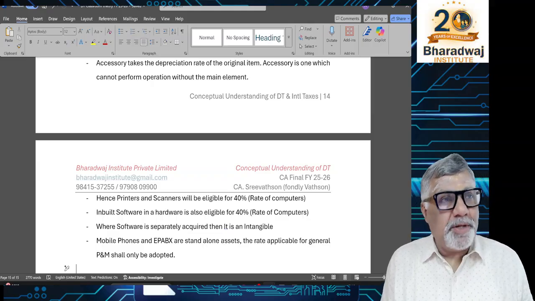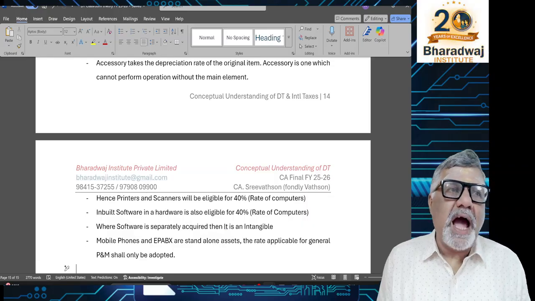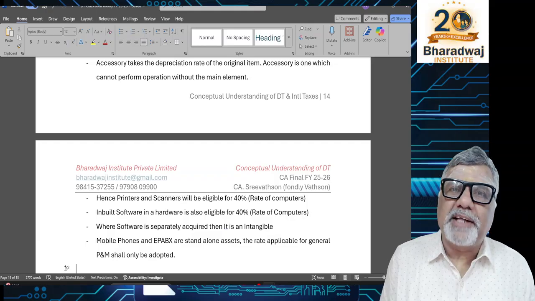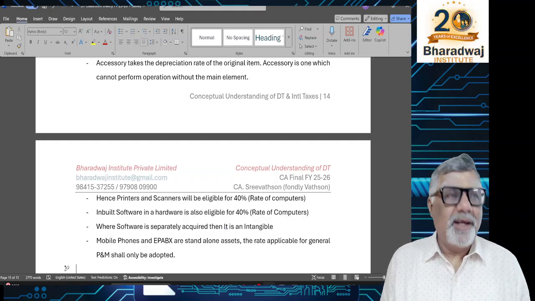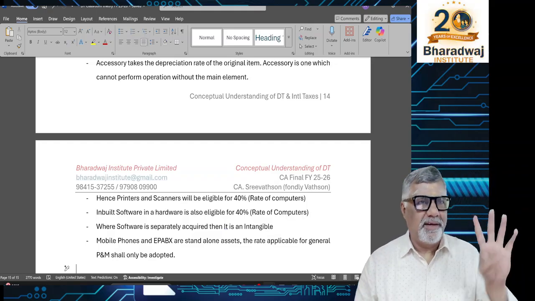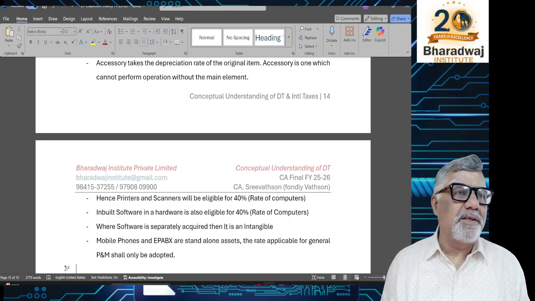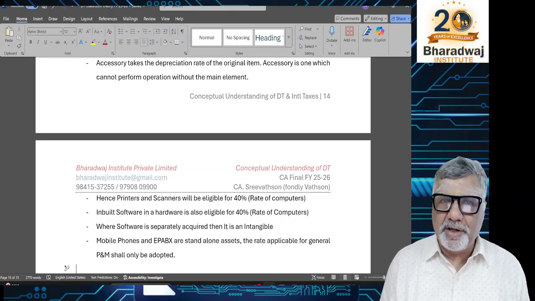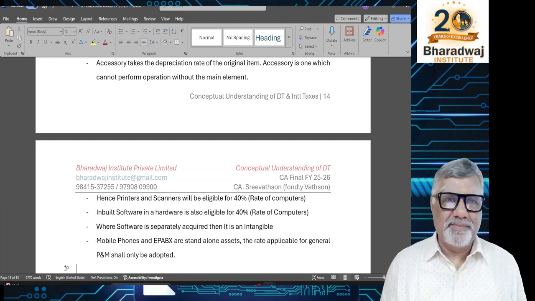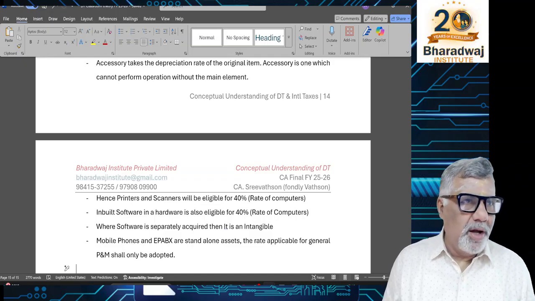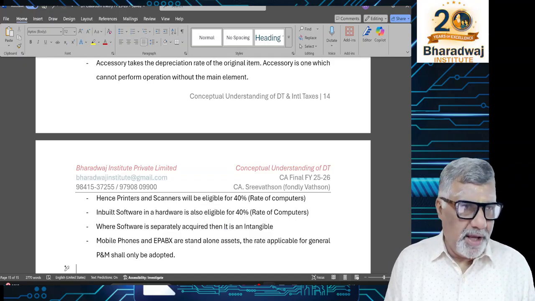Three, the plant and machinery should be directly or indirectly used in the manufacturing process. Four, you will get 20% additional depreciation only for the year of purchase. Of course, I'm going to have an interpretation there.